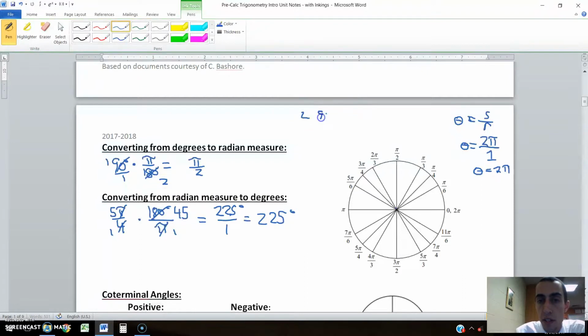So 180 is 2 times 90, 3 times 60, 4 times 45, 5 times 36, 6 times 30, 9 times 20, 10 times 18, and 12 times 15. Remembering those factor pairs is pretty helpful when you're converting from degrees to radians.